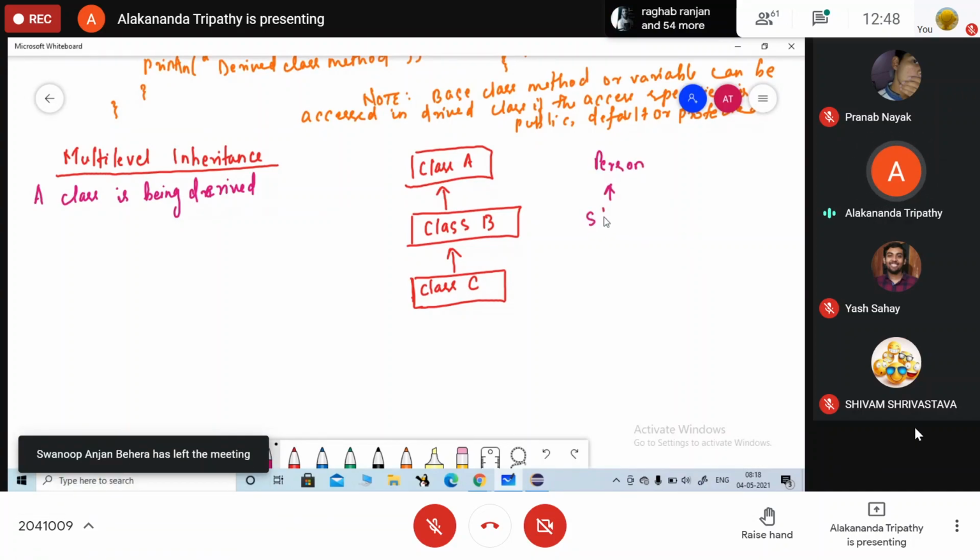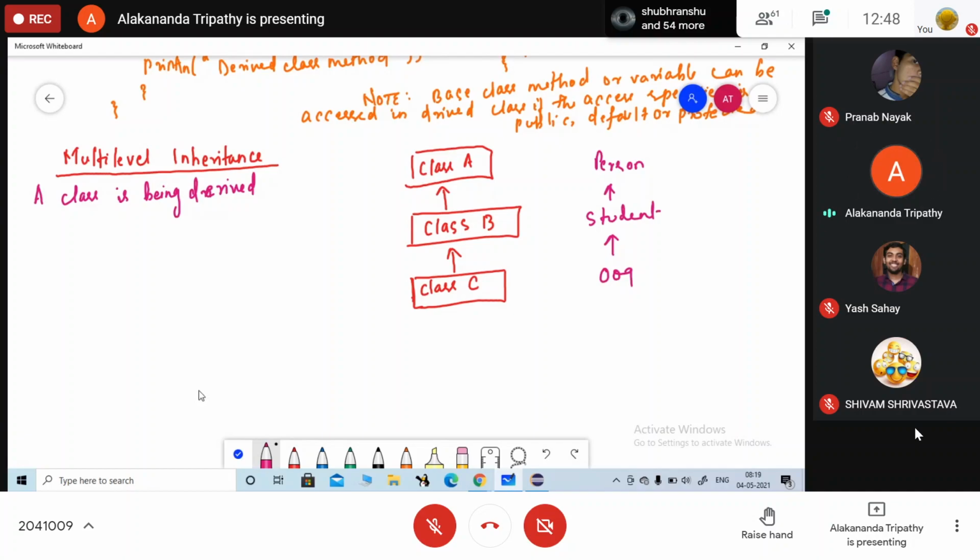Now this is student, and from student, okay, a class is being derived from an intermediate class which is derived from a base class.